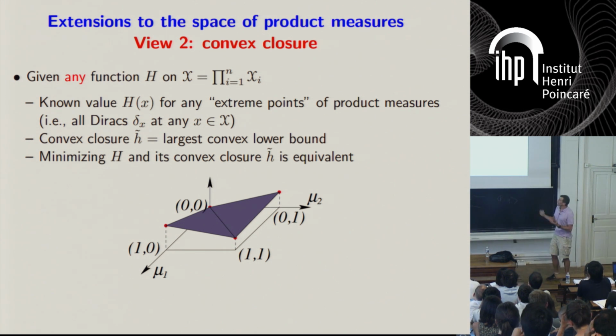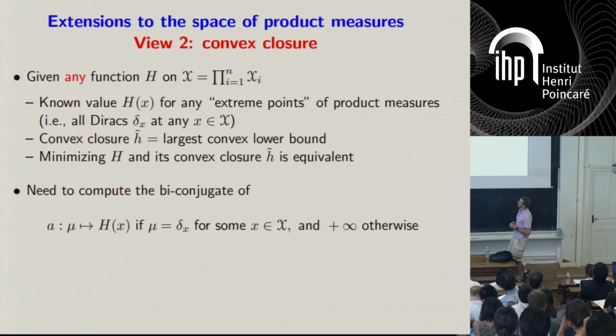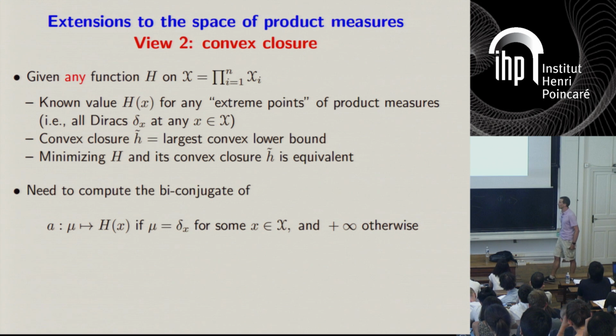And the goal, as you will see in a moment, is that in our situation, that convex closure will happen to be easy to compute. But before that, we need a way to define that convex closure. Now you have to take the usual brute force approach to compute a convex closure: you have to do a Fenchel biconjugation.